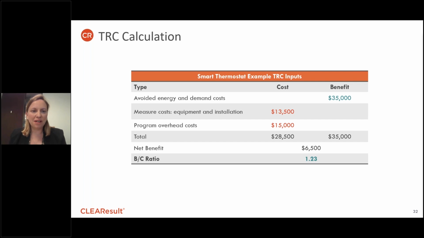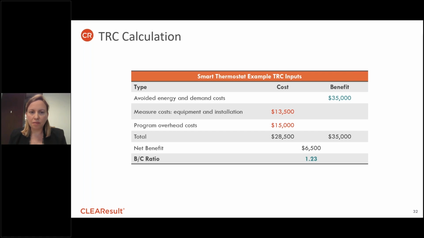So for our example smart thermostat program, what we're talking about in terms of cost from the TRC perspective is the measure cost, the cost to install that $135 thermostat, and then the program overhead of $15,000. So the total cost in this example would be $28,500 to create this offering. However, the benefits are $35,000.